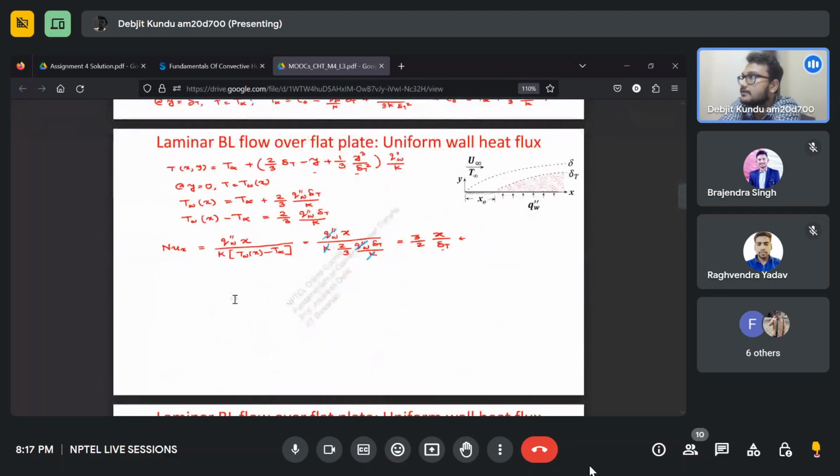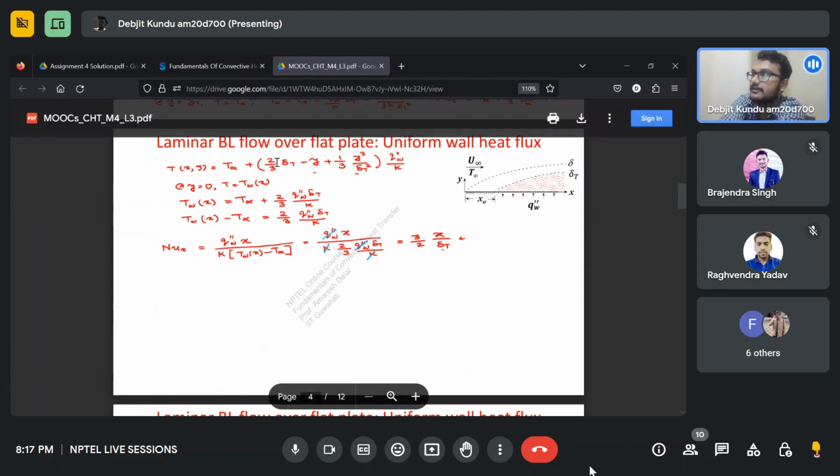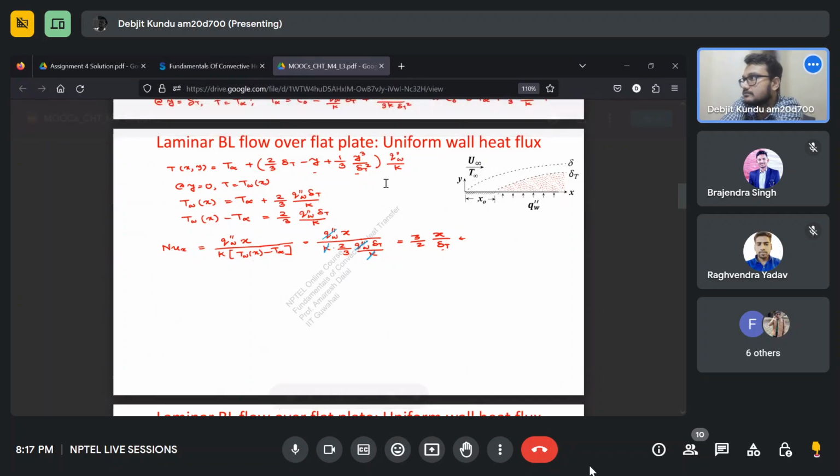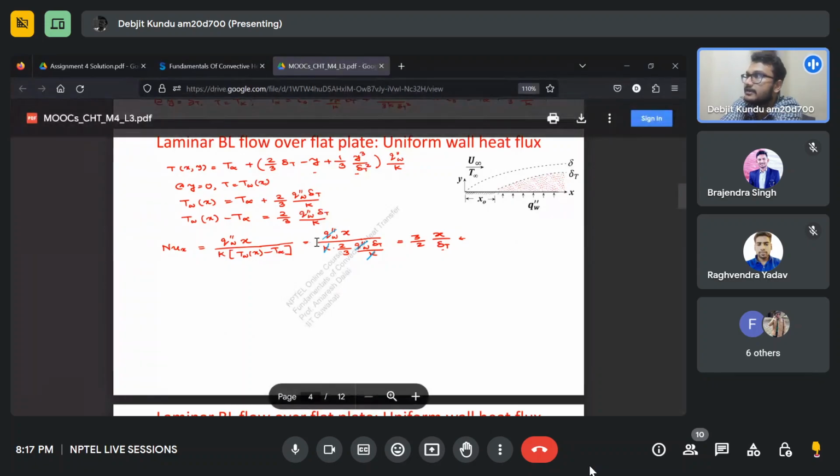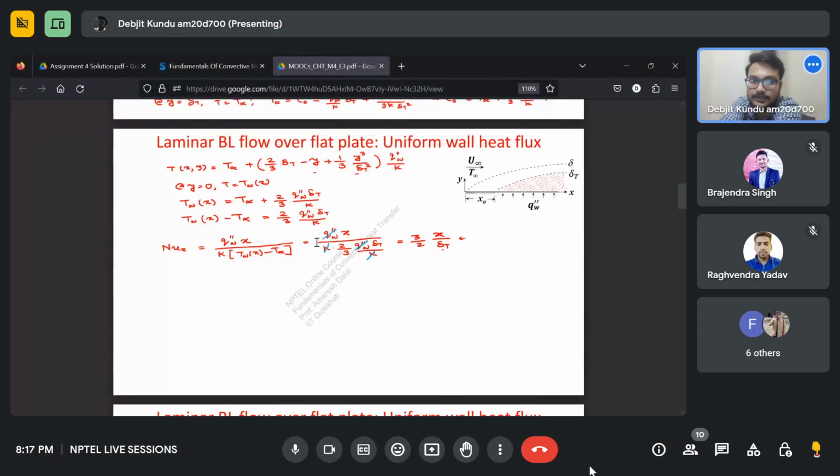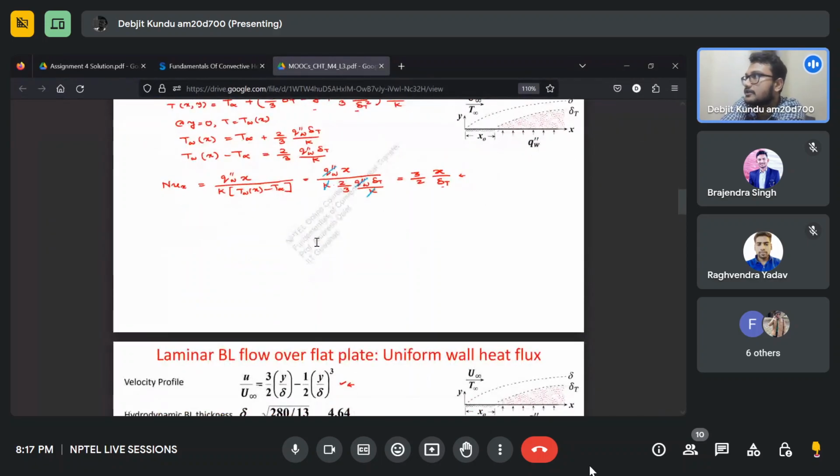You can see this equation, right? The first one, T of x, y is equal to T infinity plus this entire function of delta T and y multiplied by q over k. Now we can further simplify this by taking a difference and dividing with Tw minus T infinity and so on.